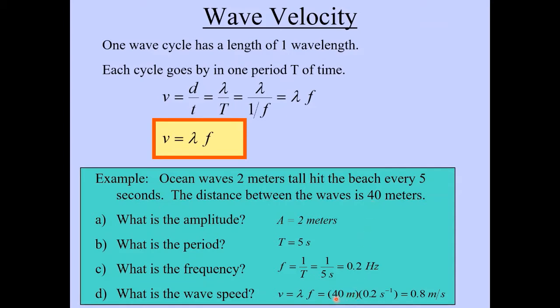And our frequency, we just got that up here, is 0.2, and so 40 times 0.2 turns out to be, this is a typo here, that should be 8, I'll cover up the 0 point, 8 meters per second is the speed of our wave.